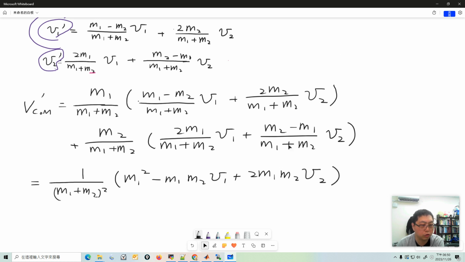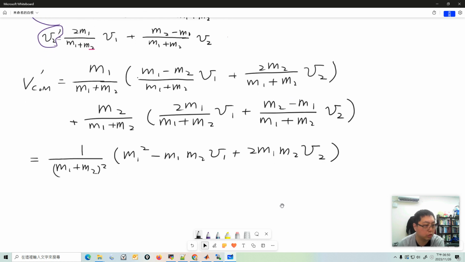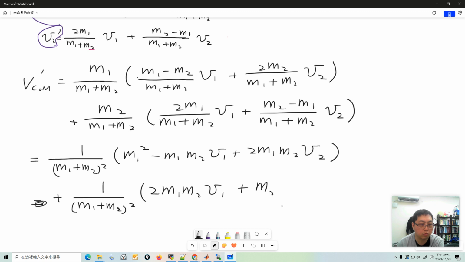The second term, with m1 plus m2 squared factored out, becomes 2 m1 m2 v1 plus m2 squared v2 minus m1 m2 v2.